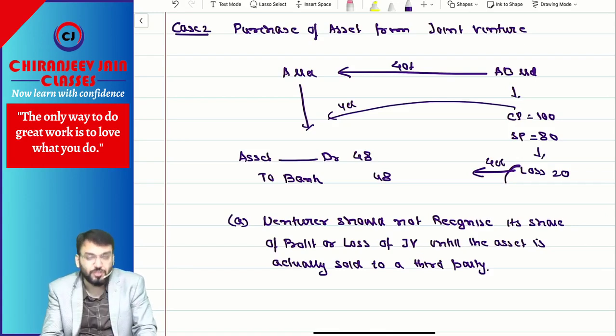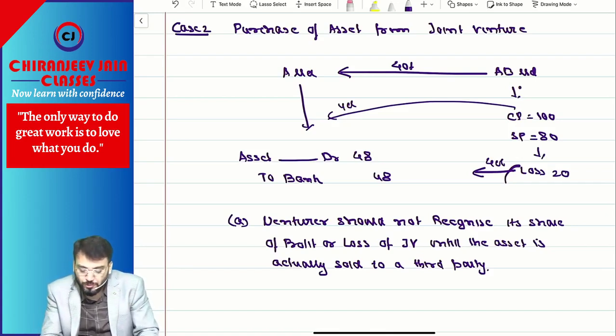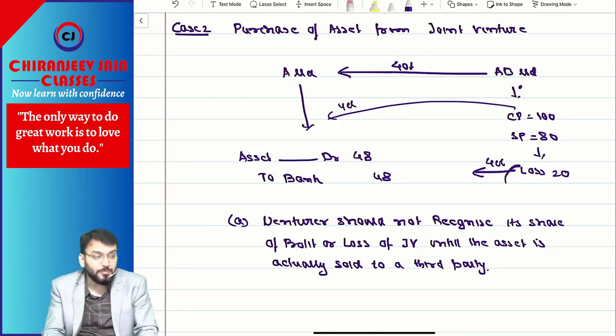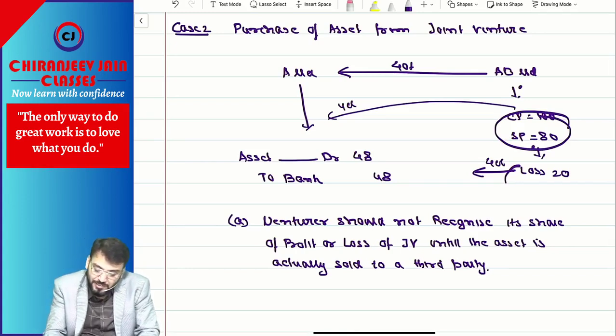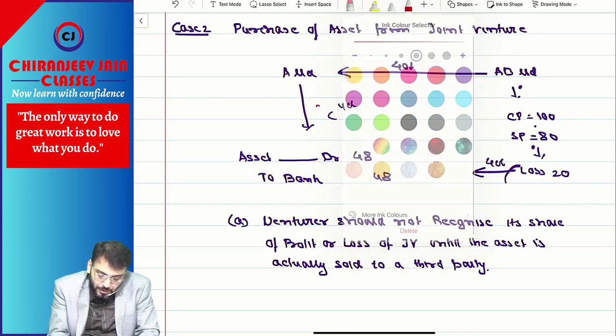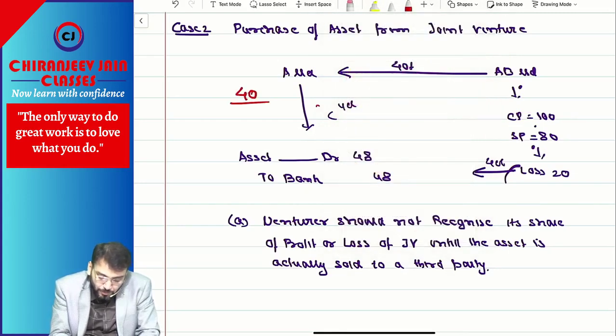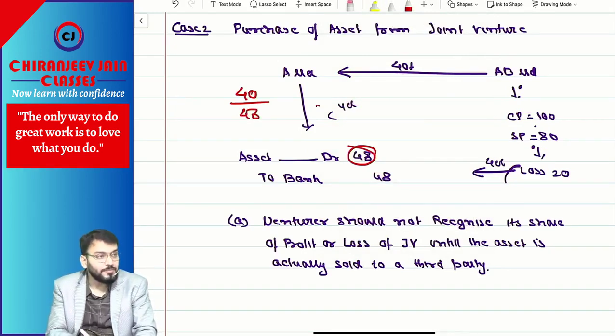Means whatever profit or loss is incurred in the books of the joint venture, 40% belongs to A Limited. That is nothing but this 100 lakh. Out of this, 40% is already recorded in the books of A Limited. Now they have acquired 48, so the total becomes 88.